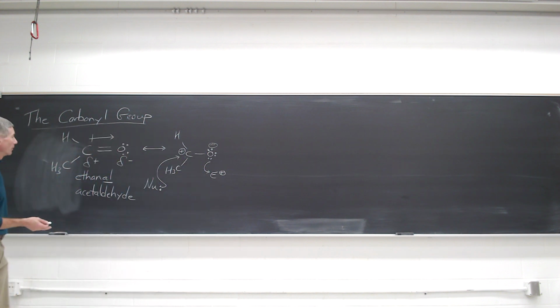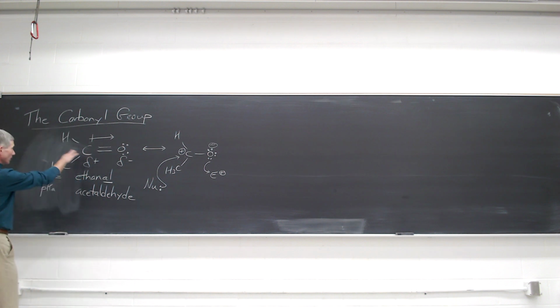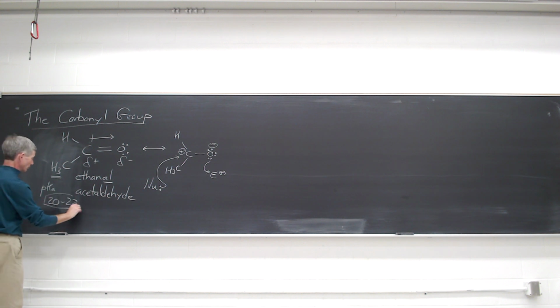electrophile or nucleophile. The other thing you'll probably remember is that the pKa of these hydrogens is significantly more acidic than an ordinary sp3 carbon-hydrogen bond, where the aldehyde and ketone pKa is somewhere between 20 and 22, depending on what else is attached.